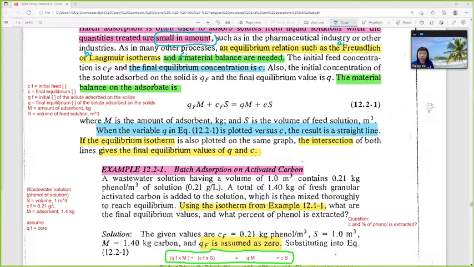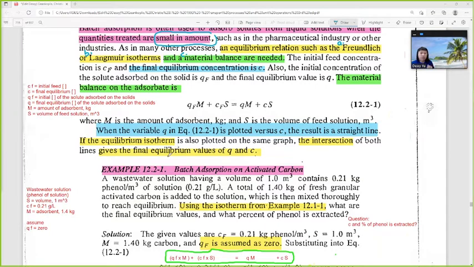To make sure about my discussion of batch absorption, maybe the example 12.2-1 will make the topic clear.